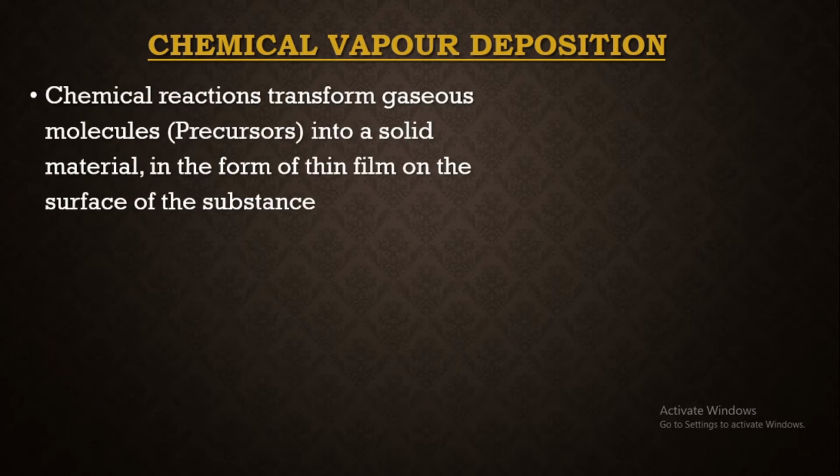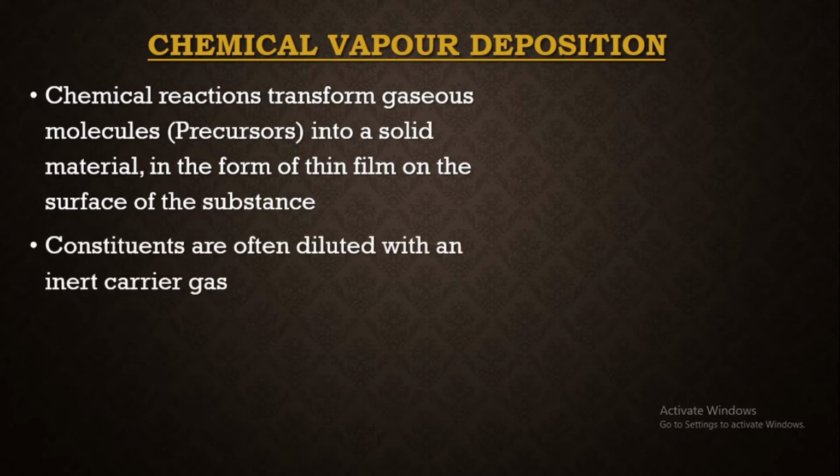So the CVD process is a chemical reaction which transforms gaseous molecules, called precursors, meaning nothing but the raw materials or the inputs, into a solid material in the form of a thin film or even powder on the surface of the substrate.